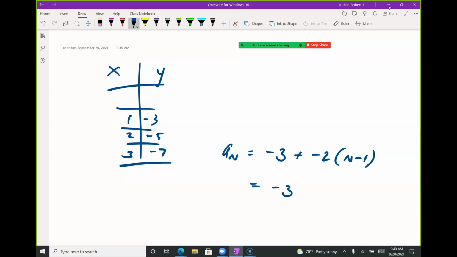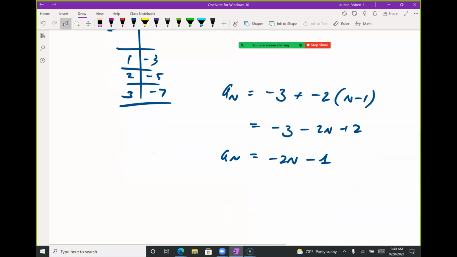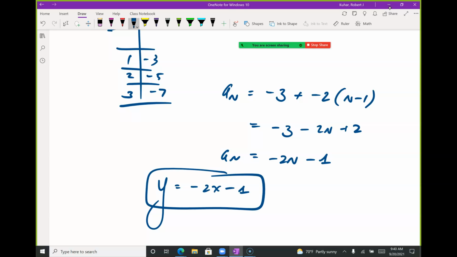So I get negative 3 minus 2n plus 2. I get negative 2n minus 1. And so there's my nth term, or better yet, y equals negative 2x minus 1. There's my y equals mx plus b. Right, so we did all of this with the arithmetic. It's a nice way to verify that you can do one of these arithmetic nth term type problems. And again, you'll see all of that on the review when you do the review.